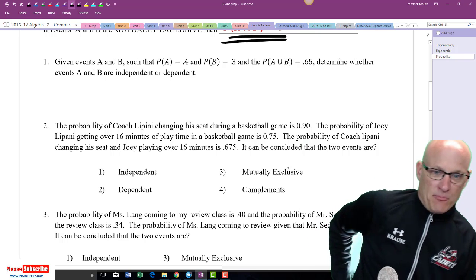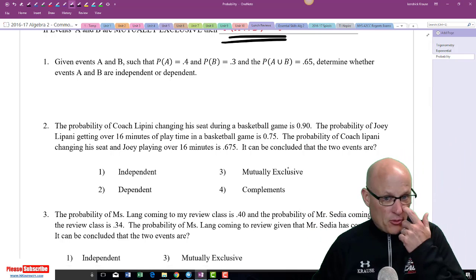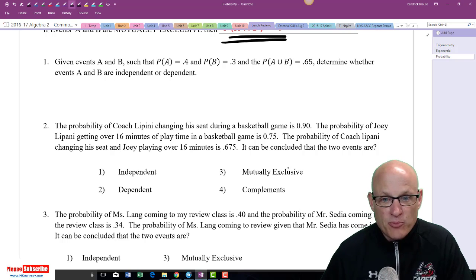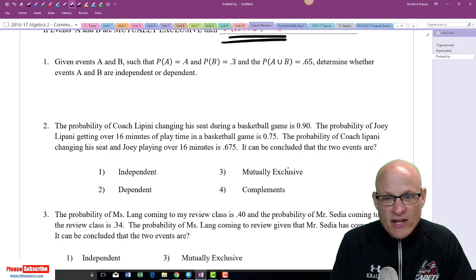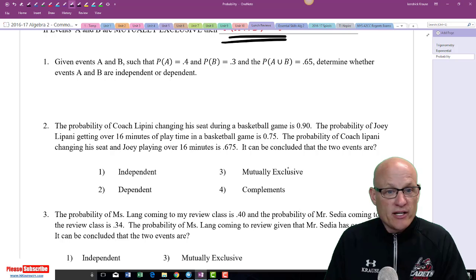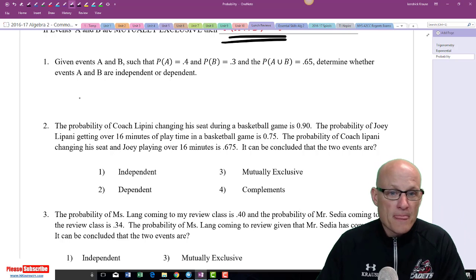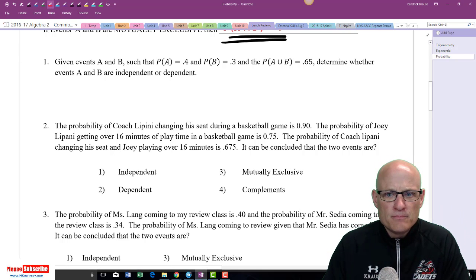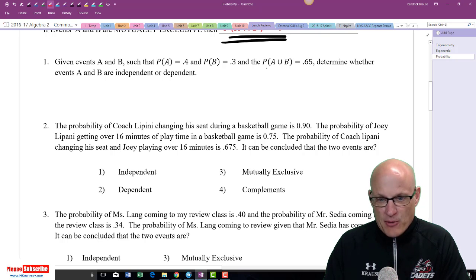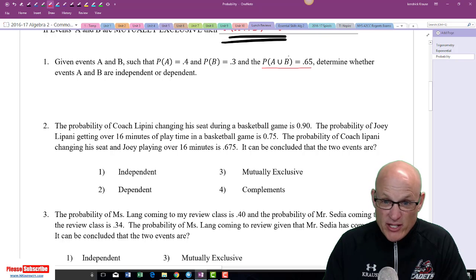Given events A and B such that the probability of A is 0.4 and the probability of B is 0.3, find the probability of A or B. So there it is, right there. It didn't say find the probability, it gives you this. But do you see the or?